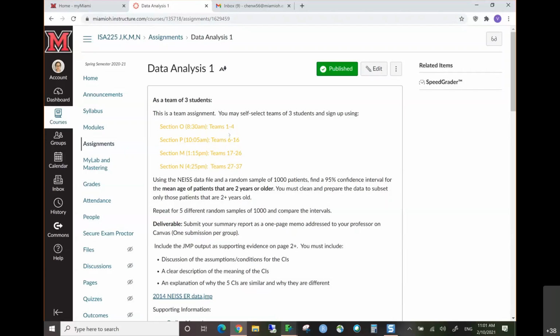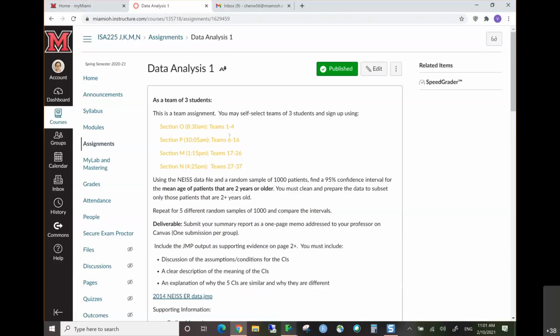Right, so if you have a specific requirement, for example, you want to be grouped with someone in your apartment, that will be more convenient for you, right? Or someone is your friend, you want to work with your friend, that's okay. Just email me and let me know. I can make the adjustment, right?